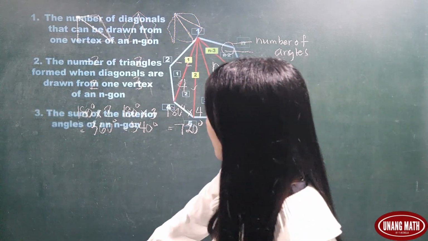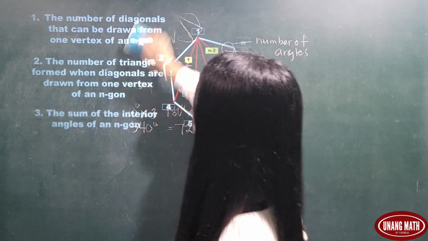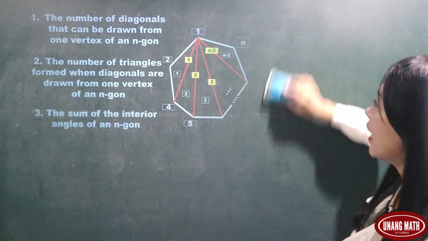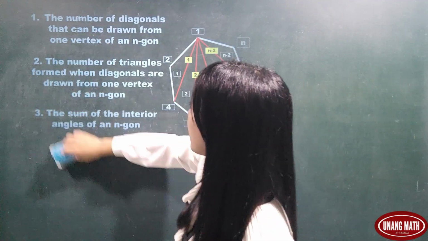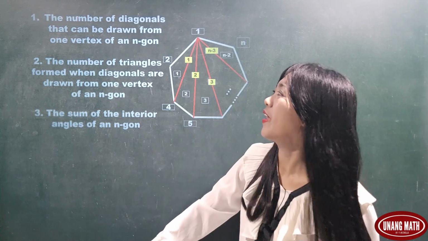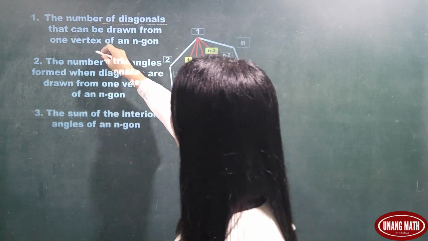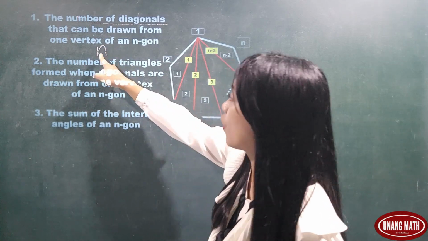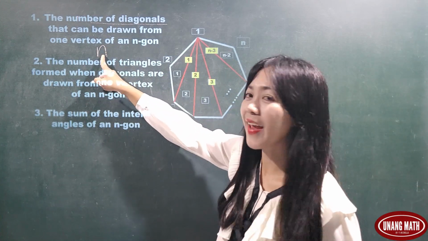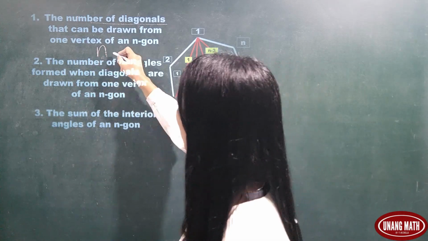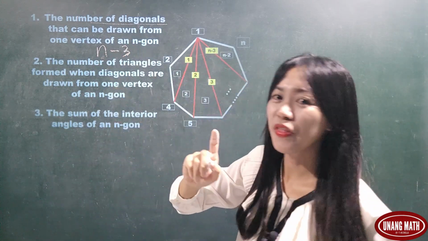Okay, in summary, let's take a look at this figure. The number of diagonals that can be drawn from one vertex of an n-gon. Okay, number of diagonals, so it's the number of vertices, sides, or angles of the polygon minus 3.